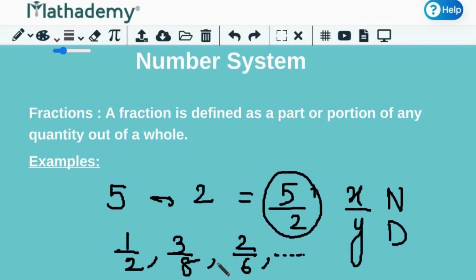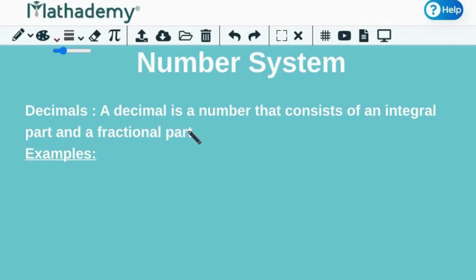Now, fractions can also be simplified as decimals. By definition, a decimal is a number that consists of an integral part and a fractional part. Basically, a decimal number is a fraction written in a simplified form.